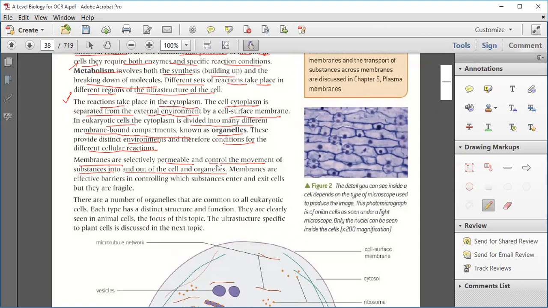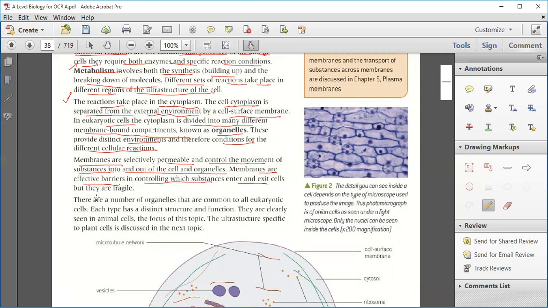Is it just for the cell membrane or the membrane of the organelles? Both, cell and organelle. Organelle membranes are also selectively permeable, and control each and every movement of substances coming in and out of the cell and the organelle, both.